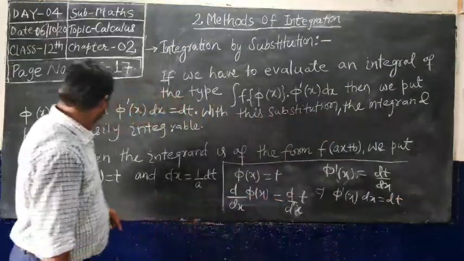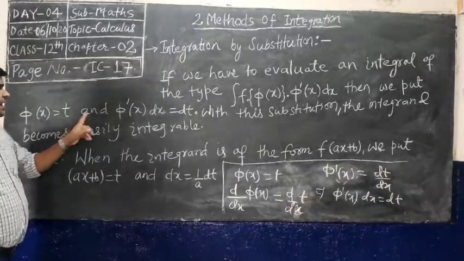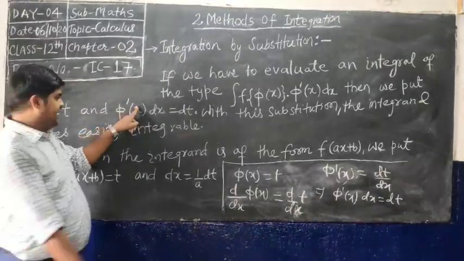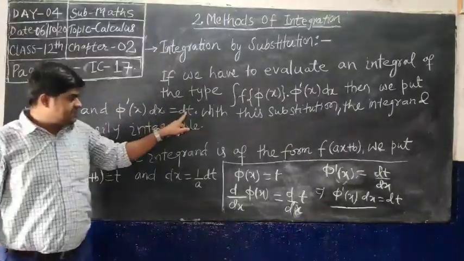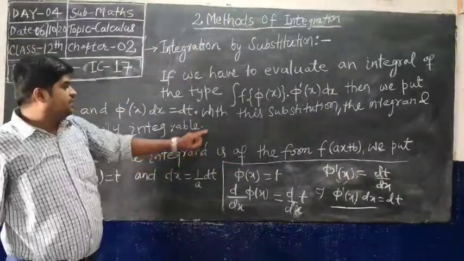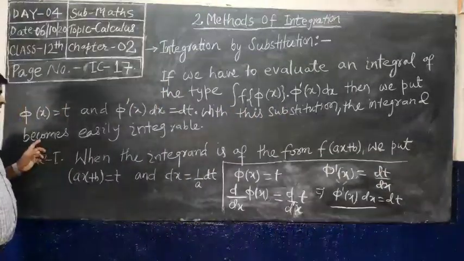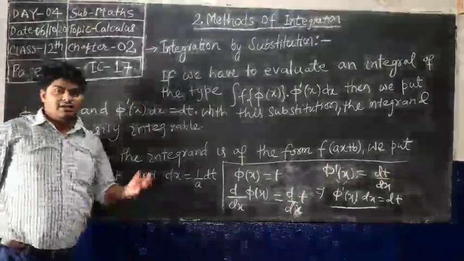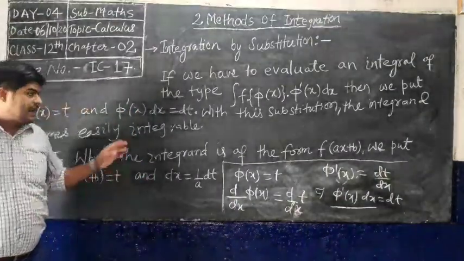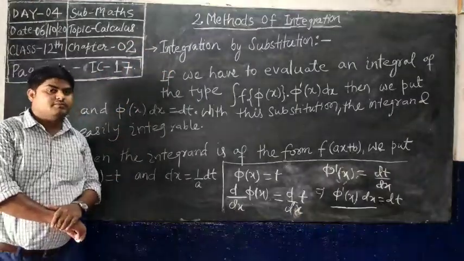See here, if phi of x is equal to t and phi dash x dx is equal to dt, with this substitution the integral becomes easily integrable. That means the integrand will be solved easily by the integration by substitution method.